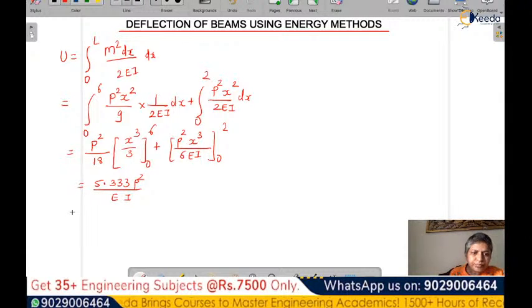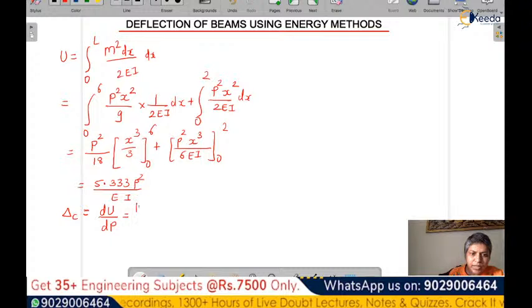So with this, to get the deflection at C, we have to differentiate this equation, du by dP. When you differentiate, 2 into 5.333, our answer will become 10.667 P by EI.